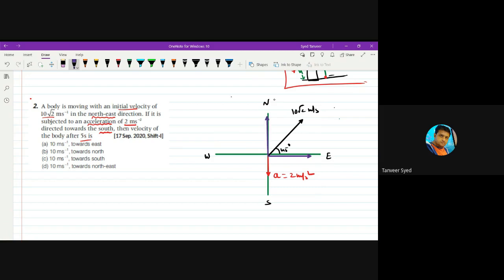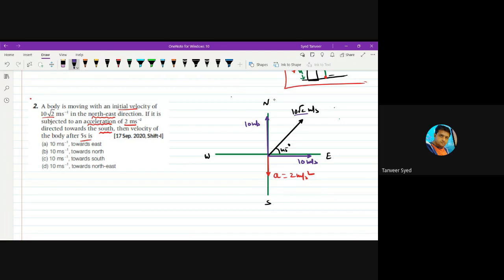If the actual velocity is 10 root 2, then this will be 10 and this will also be 10. Then only you get root of 10 square plus 10 square as 10 root 2. Okay, fine.